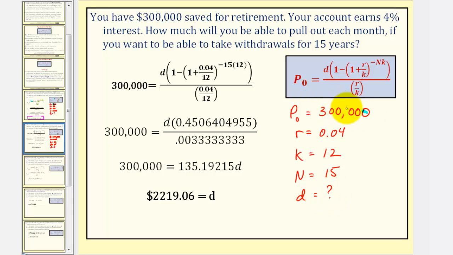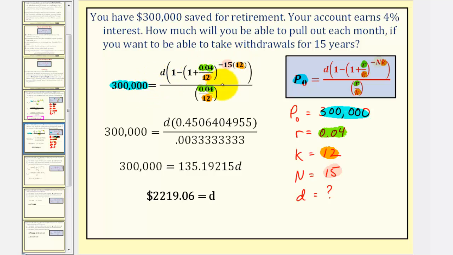So we'll substitute 300,000 for P sub 0, 0.04 for R, 12 for K, which is here, here, and here, and 15 for N.